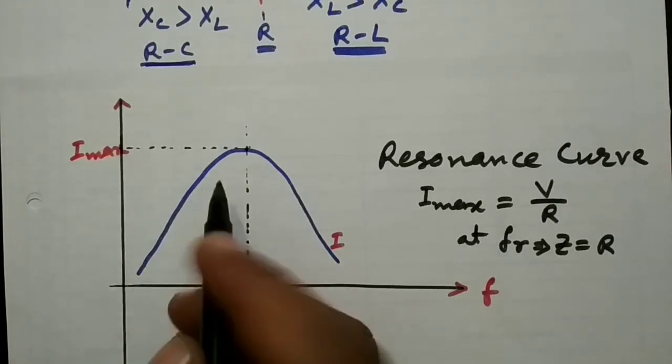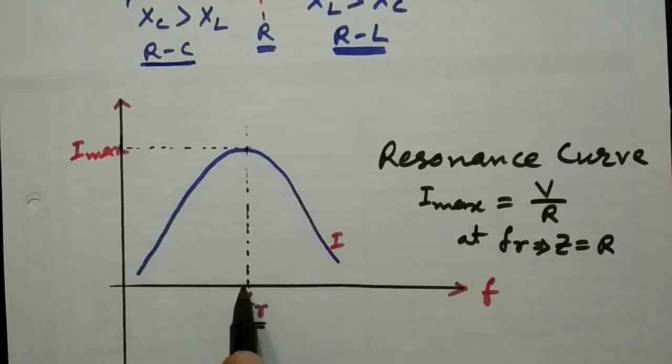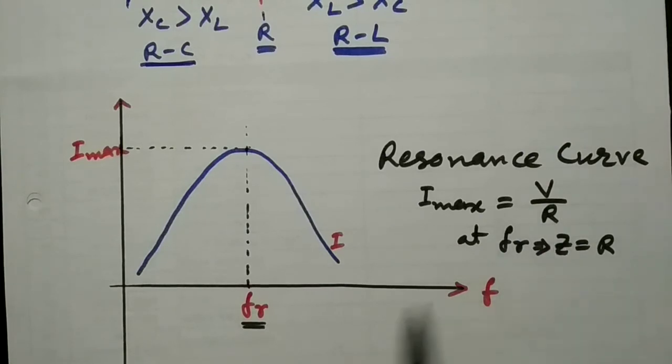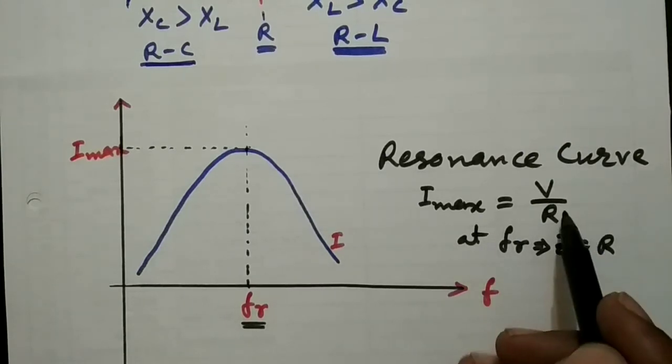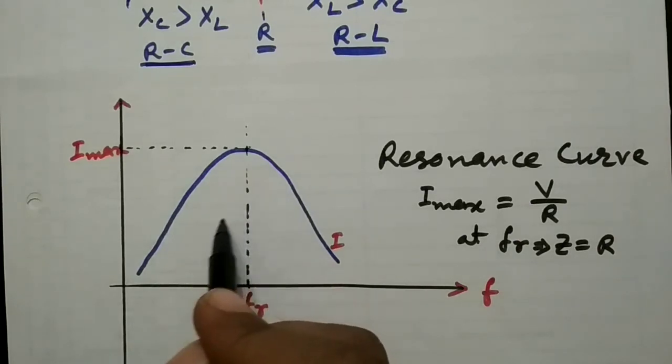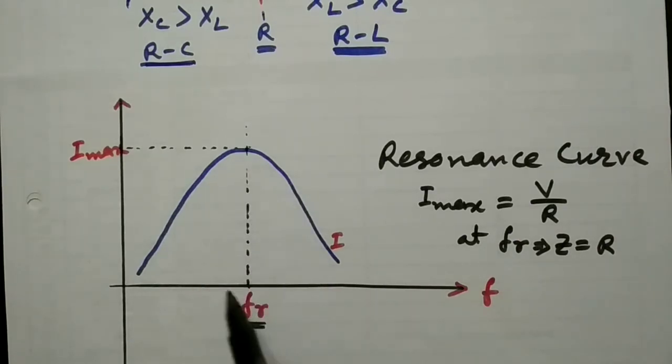So the maximum current that we will obtain at resonant frequency will depend upon the resistance. Therefore, if the resistance is increased, then the peak value of the current will be decreased.